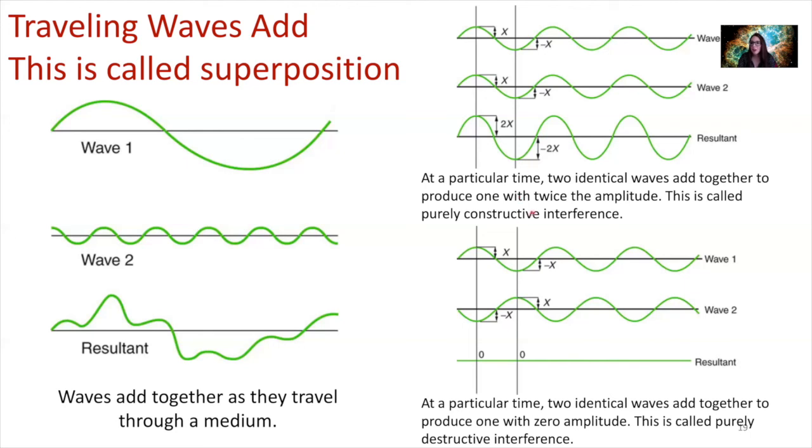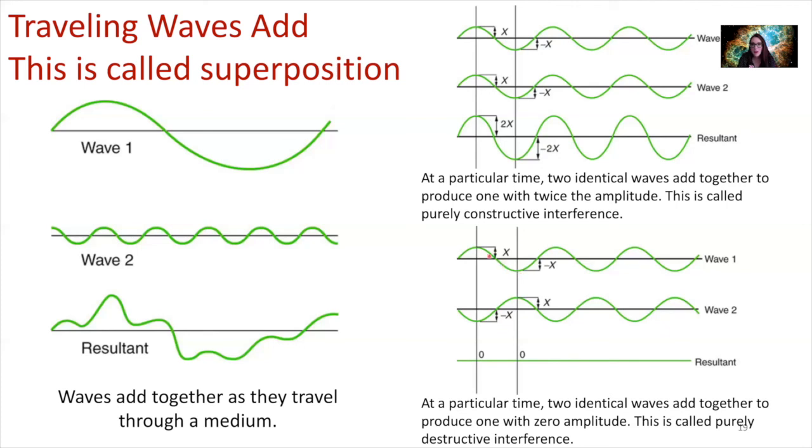Okay? Now let's say we have two identical waves that are flipped relative to each other. They're the same wavelength, same frequency, but one's upside down compared to the other. So here we have wave 1, and wave 2 is the inverted waveform of wave 1. It's just flipped, okay? So when these two waves add together, they're going to produce one with zero amplitude, and we call this purely destructive interference.